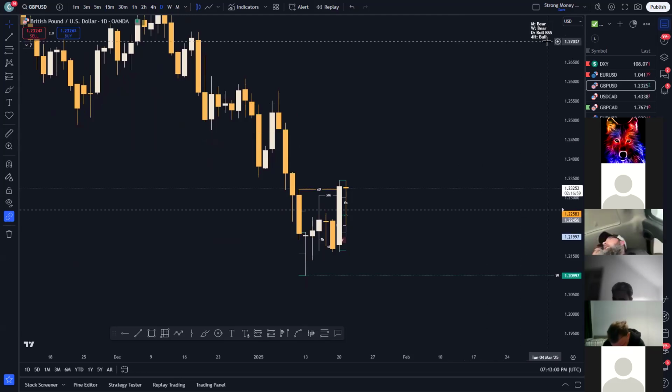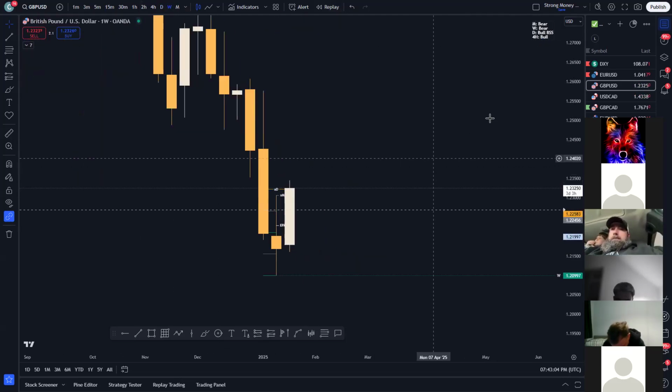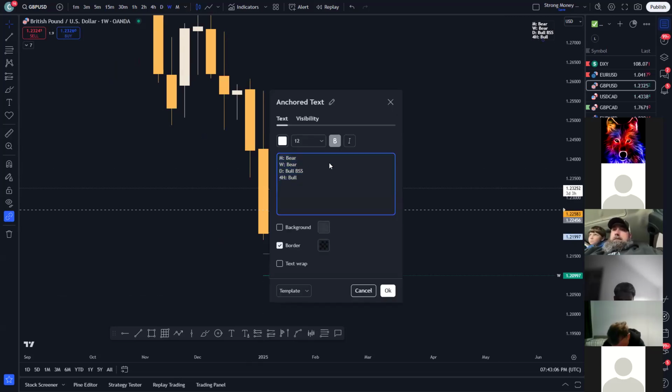GBP USD, very similar story. So we've got previous week is obviously bearish range. Weekly range is bear. Previous week was bear. Daily range was bear.